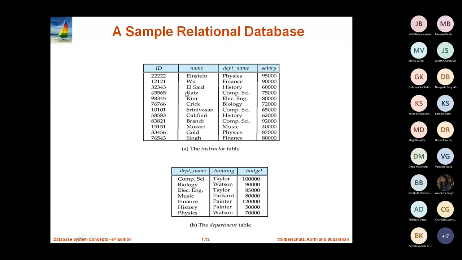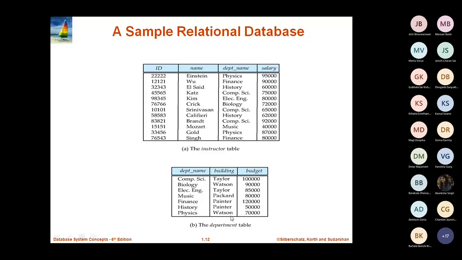Now if we want to find out the name of the building where Einstein has his office, what we need to figure out from the first table is which department Einstein belongs to. We get from the first table that Einstein belongs to the physics department. Then I have to find out where this physics department is located. So I go to the second table and see that the physics department is located in the Watson building.